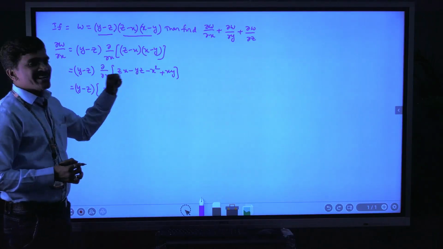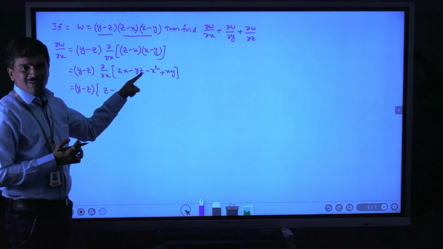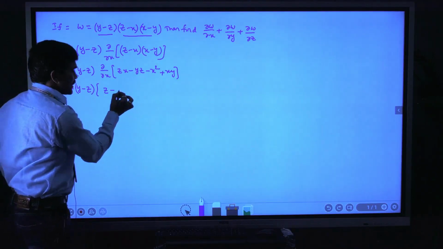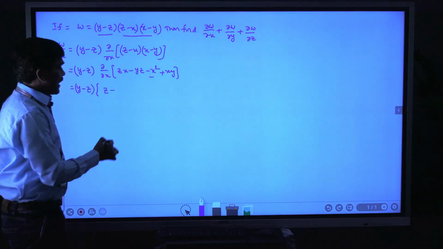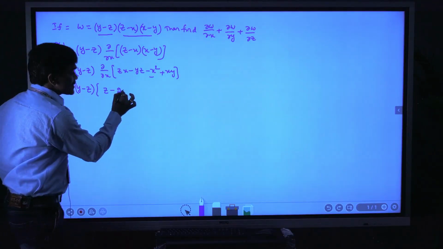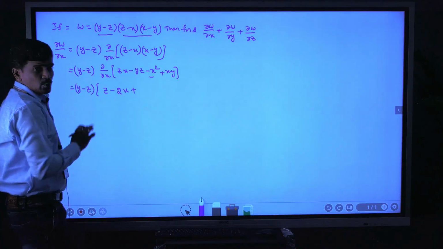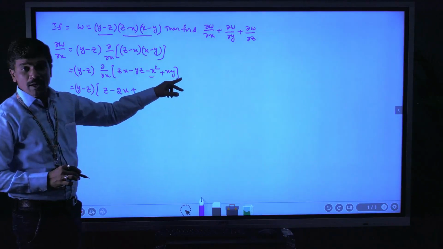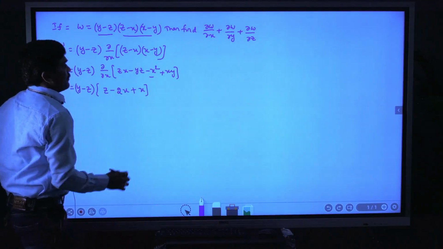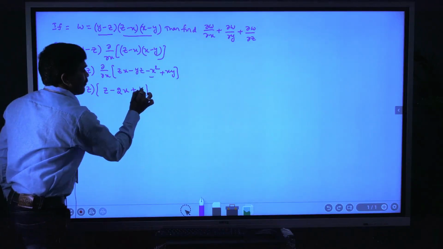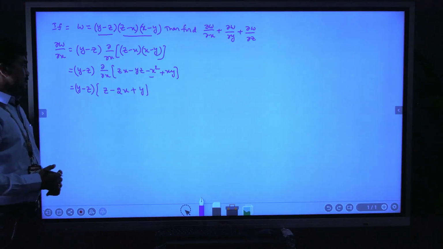In yz, both are constants, so that derivative is 0. Next, minus x², derivative is 2x, plus xy with respect to x, where y is constant and the x derivative is 1, so finally y.